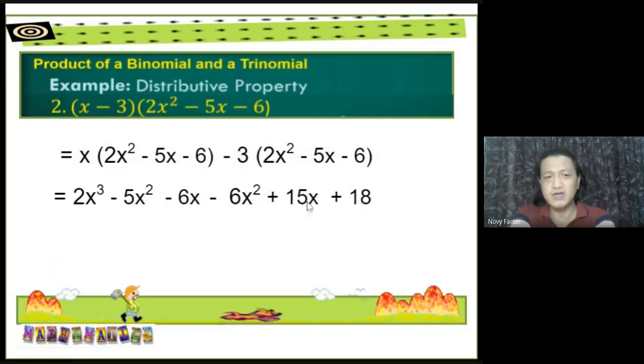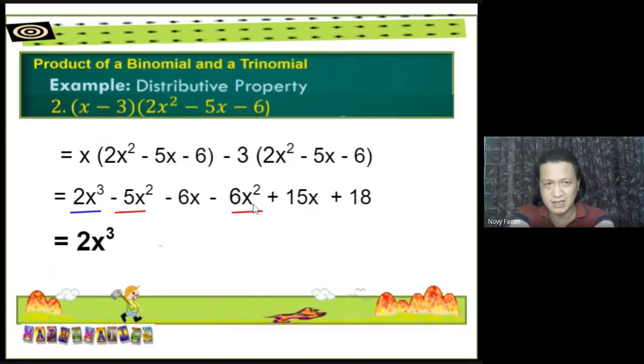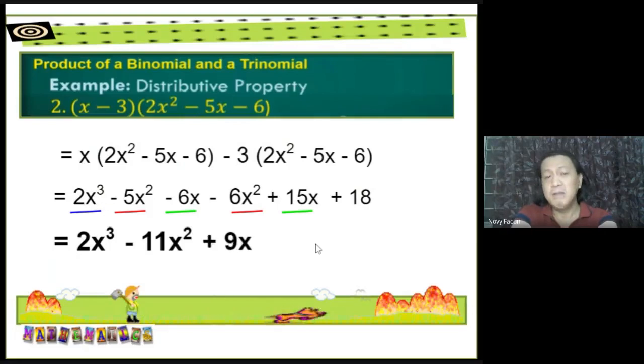Kaya final answer natin, you have to combining like terms. Si 2x cubed, meron mo siyang similar? No. So bring it down. So dito naman sa square, meron ba siya? We have negative 5x and negative 6x. But since they have the same sign, so that is negative 11x. Next, we have negative 6x tsaka 15x. So since they have the different sign, i-minus natin.